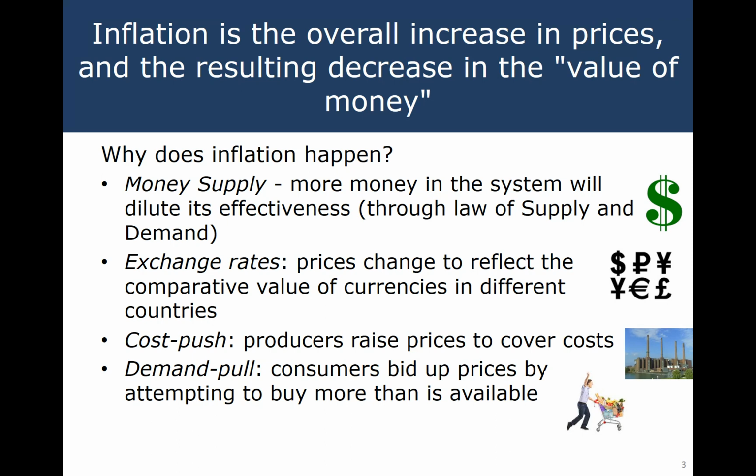So these are the major four reasons why inflation happens. The first is government policies, the second is international relationships through currency exchange, the third is domestic prices, and the last is the behavior of consumers.